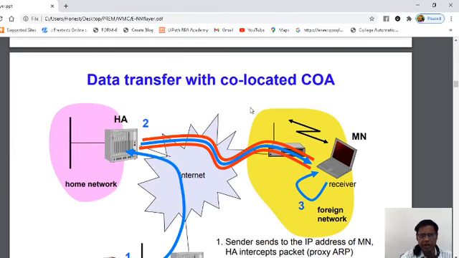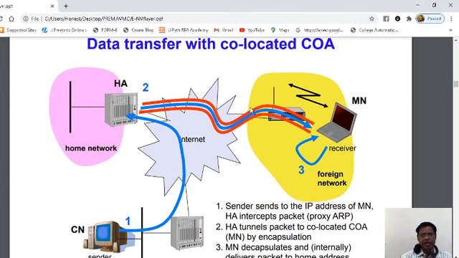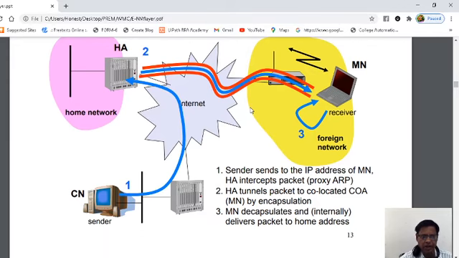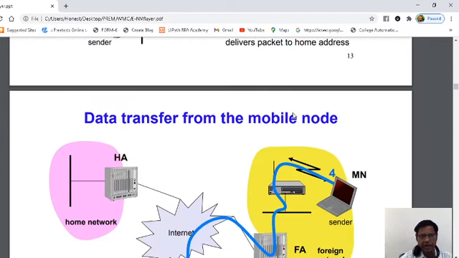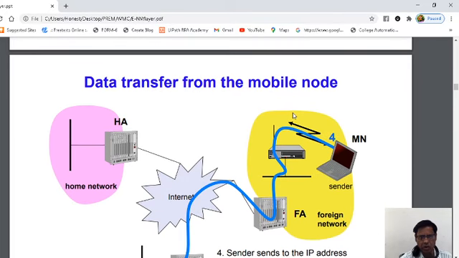In this diagram, we can see data transfer with a co-located COA, care-of address. Here the sender transmits the packet to the home address, and through the internet the home agent transmits it to the foreign network. Now, how does data transfer from the mobile node?